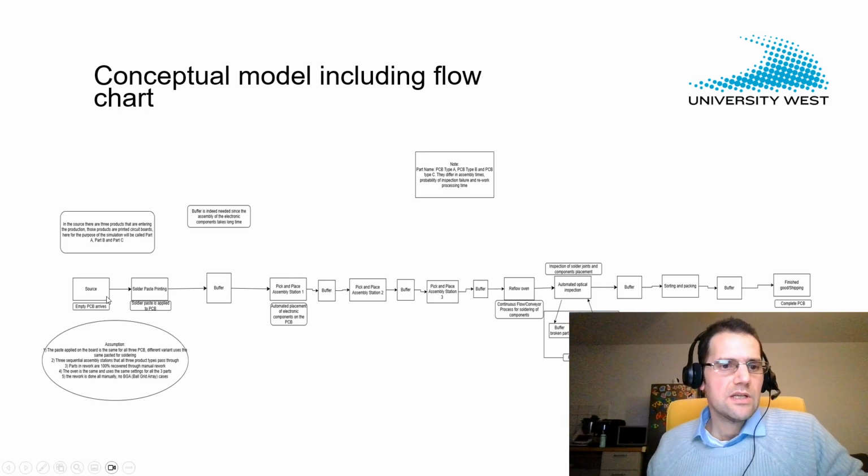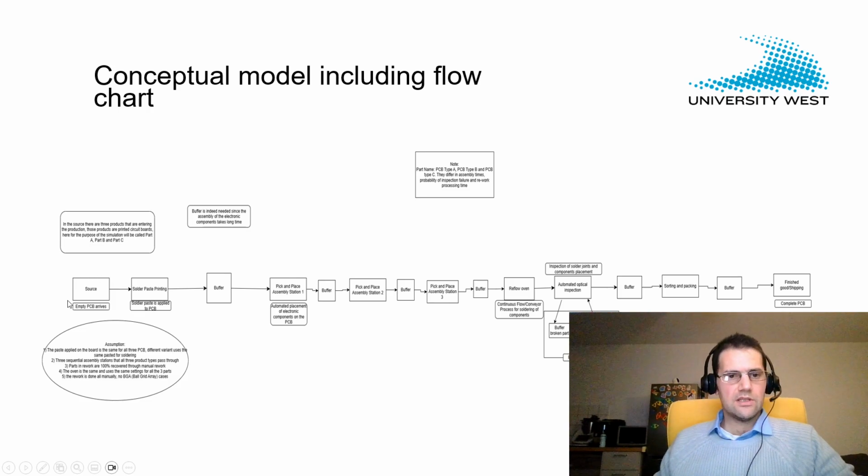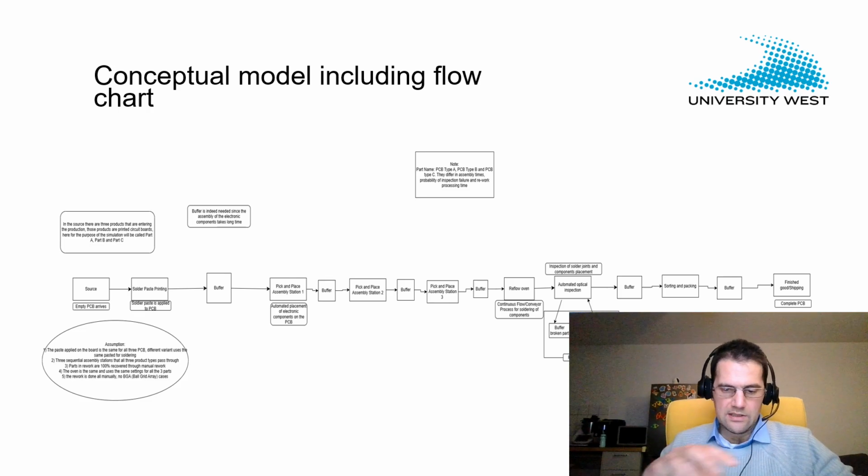What you can see here is the source that is generating three different parts: PCB type A, B, and C. Those are empty parts, and then there is a solder paste machine that sets paste on top of the empty PCB, which is then used for soldering all of them together.